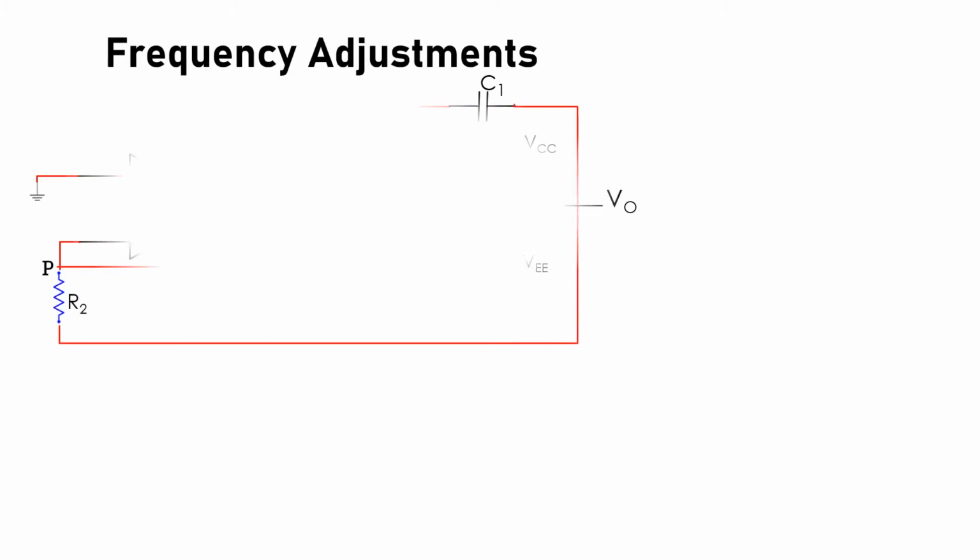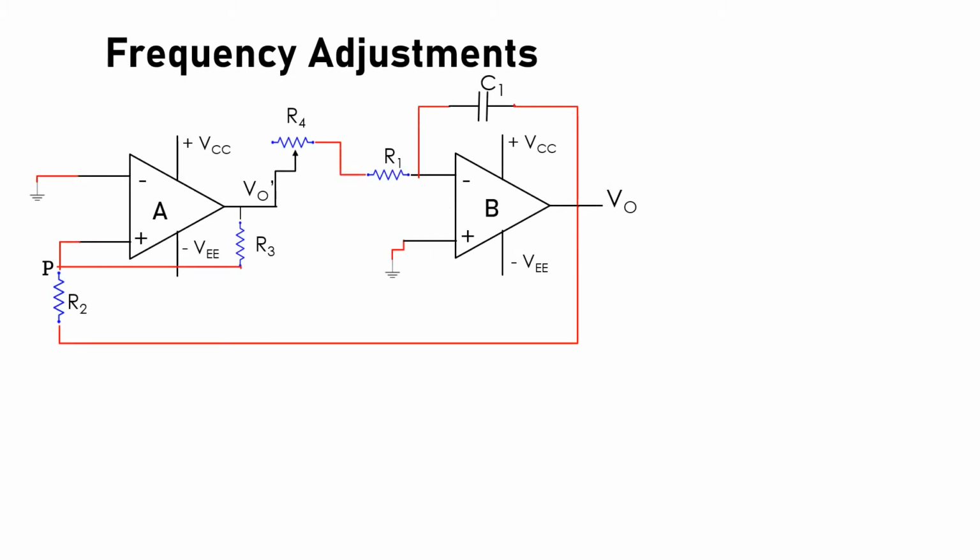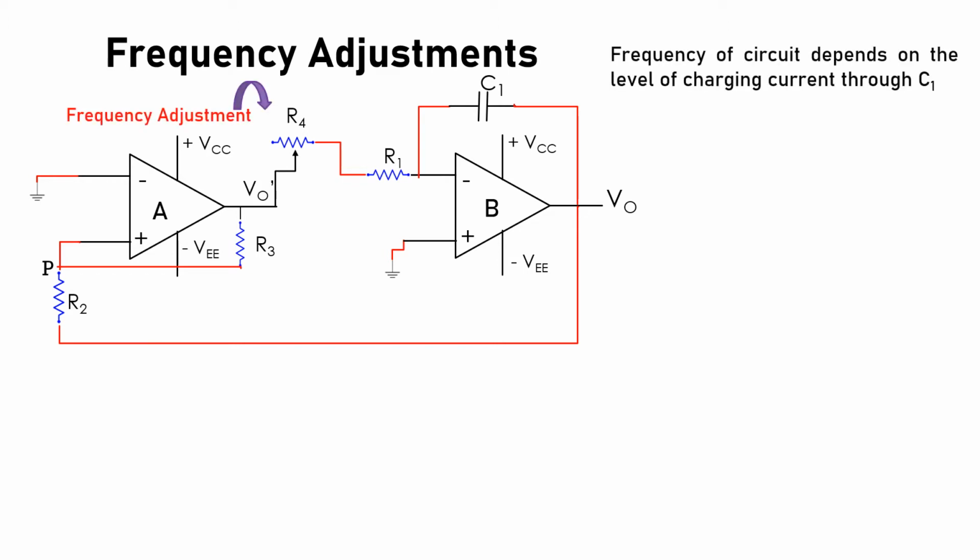For frequency adjustment, we have modified the circuit by a small amount, that is, we have used an additional resistance R4. The frequency of the circuit depends on the level of charging current through the capacitor C1. This magnitude of current is controlled by the resistance R1.